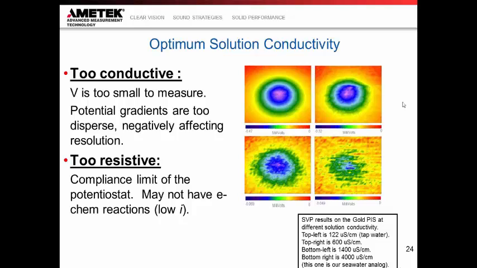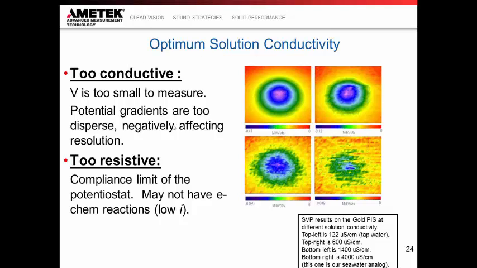The first thing you can see is, obviously, as you move from the top left, which is 122 microsiemens, to the top right, which is 600 microsiemens, bottom left at 1400, and then 4000 microsiemens, we do start to lose visibility and clarity in that image. You can also see the scaling.